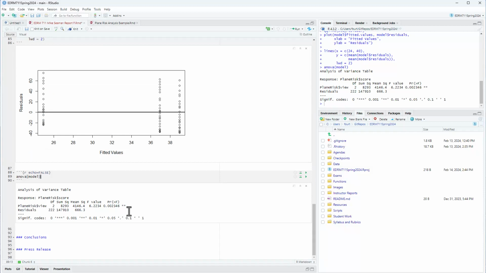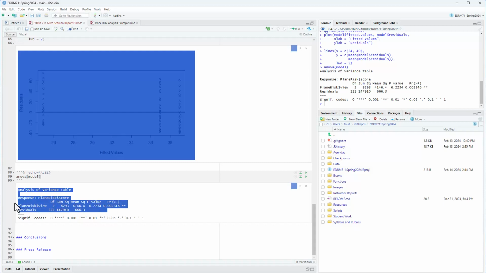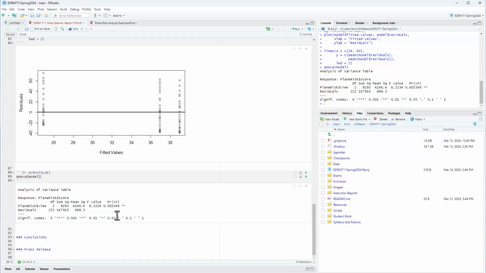And my analysis of variance table is showing me the sums of squares, degrees of freedom, mean squared, the partitioning basically of the sums of squares and the creation of the mean squares.